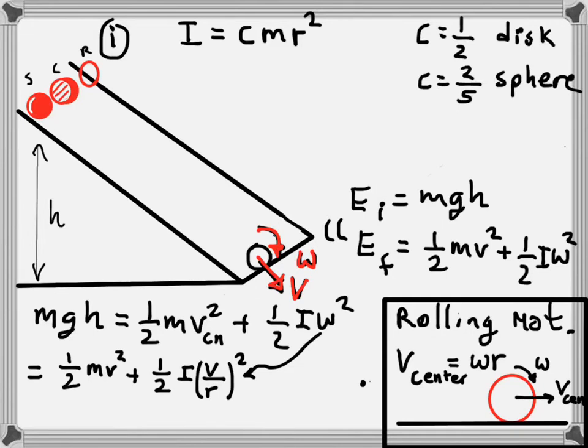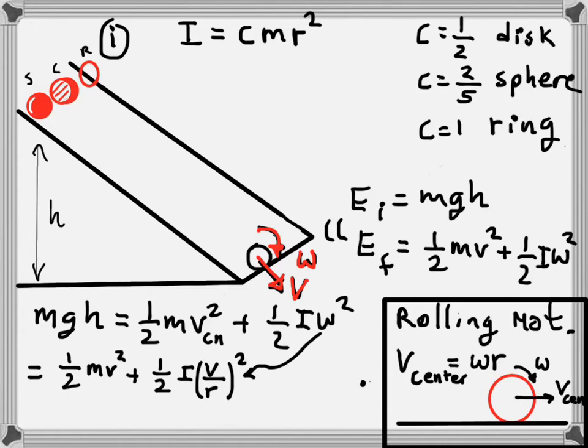So if you recall, for a disk, the moment of inertia with respect to the center mass was 1/2 of m r squared. For a sphere, the moment of inertia is 2/5 of the mass times the radius squared, and for a ring it is just m r squared. So all of these three shapes have a moment of inertia given by c m r squared, where the c has a different value.